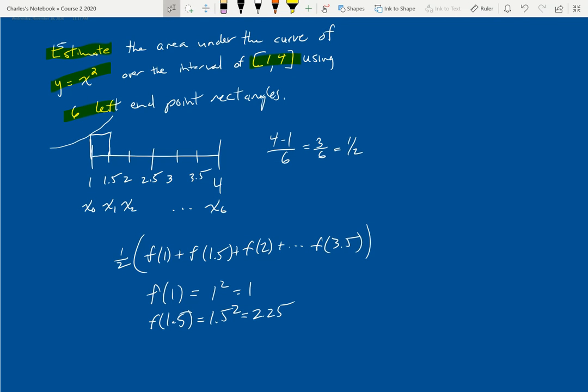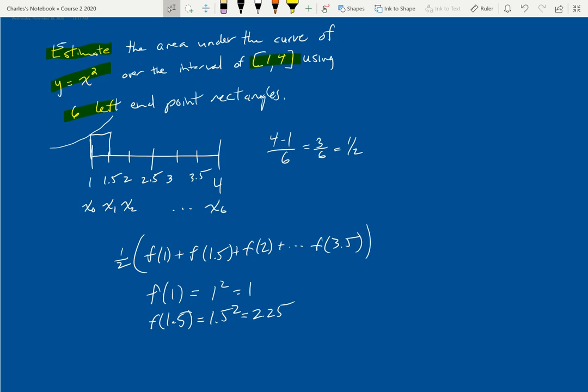And actually, in a typical school year, we spend more time developing your proficiency at being able to do those actual calculations, and it is helpful. So I would suggest that you pause the video and come up with an estimate for what the area under the curve is using 6 left endpoint rectangles.